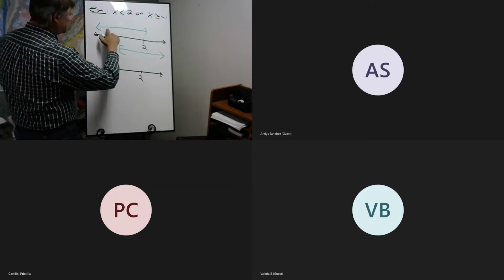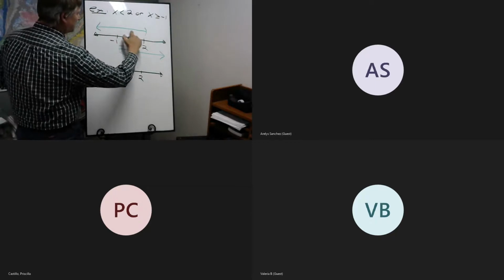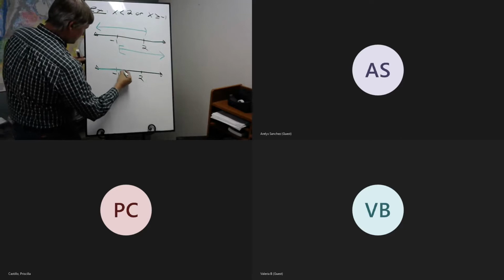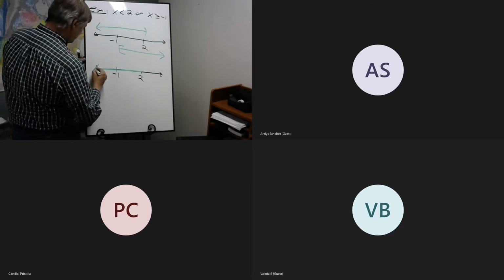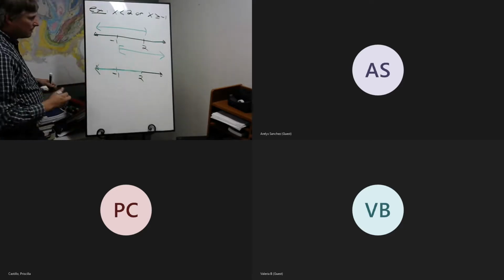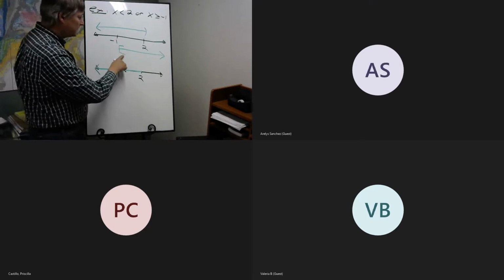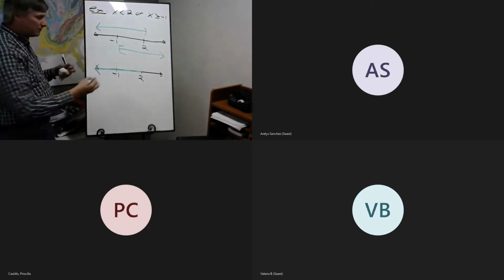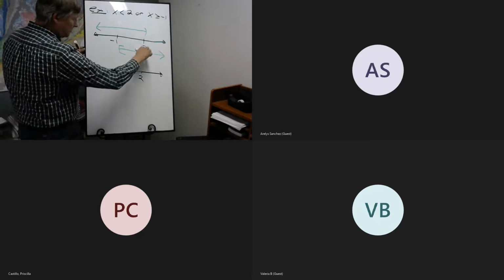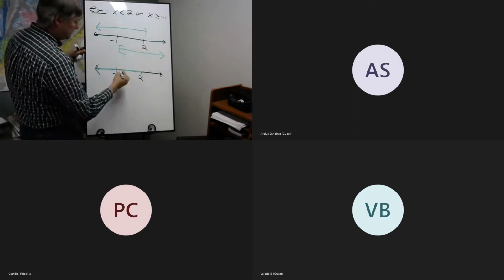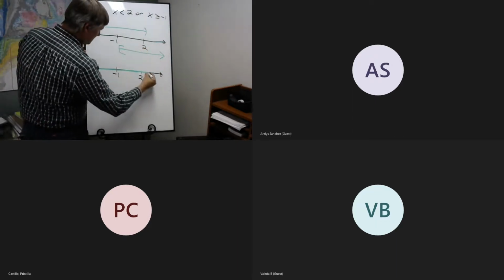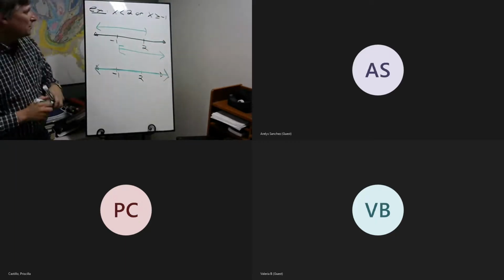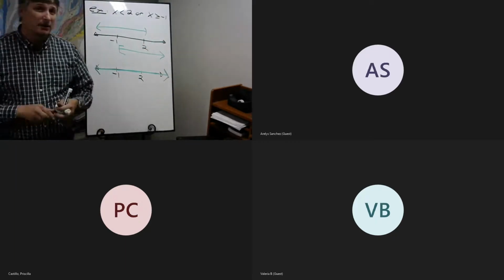This option gives us all the numbers up to 2. But this one will give us all the numbers bigger than -1, including -1. And it'll also give us the number 2. So as a result, we get the entire number line.